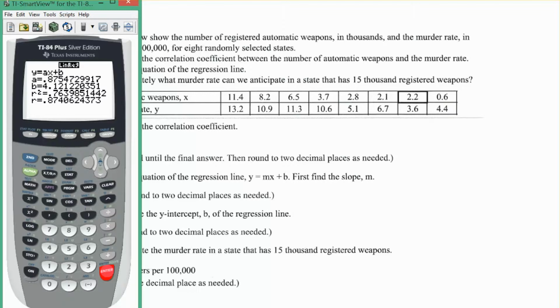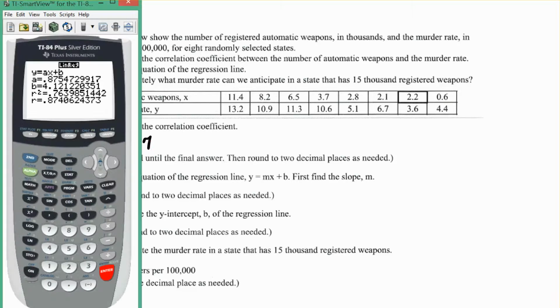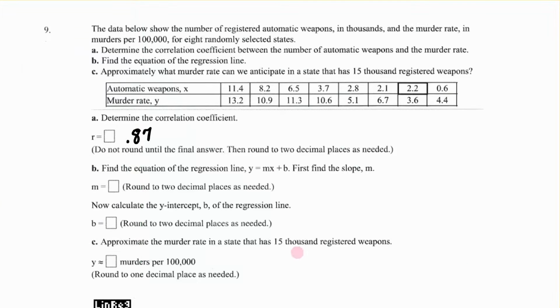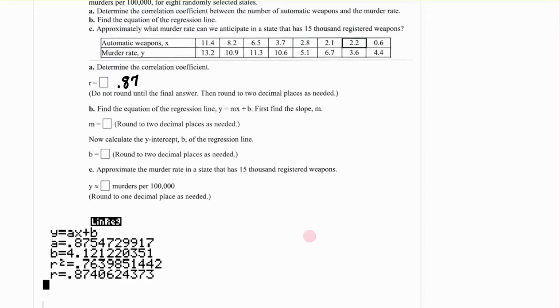And the R value, we want it rounded to 2 places, is going to be 0.87. And of course this decided to go down here. It goes wherever it wants to go.